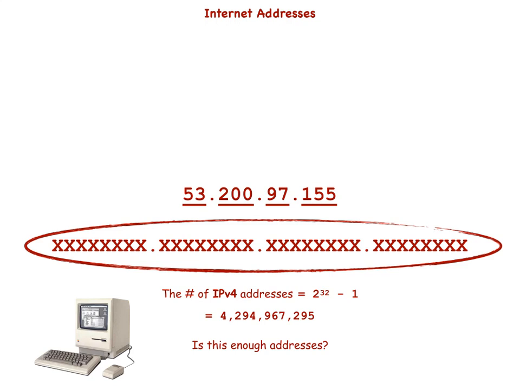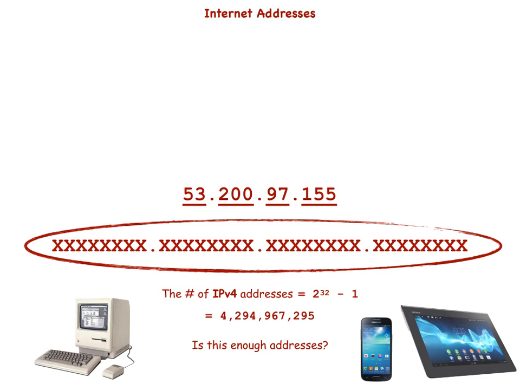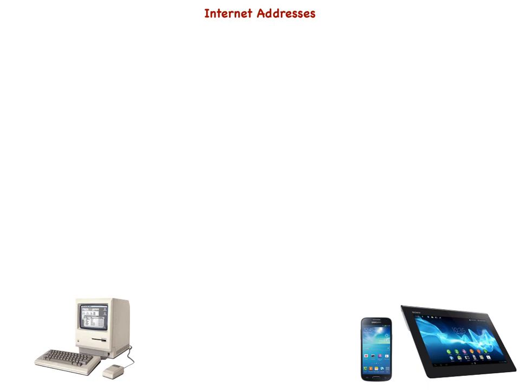However, there was no way back then that we could have predicted the invention of smartphones and tablets and other devices such as that. This kind of technology has skyrocketed the number of computer devices around the globe far past what we could have ever expected. Hence why we now use IPv6 addresses, short for Internet Protocol version 6.